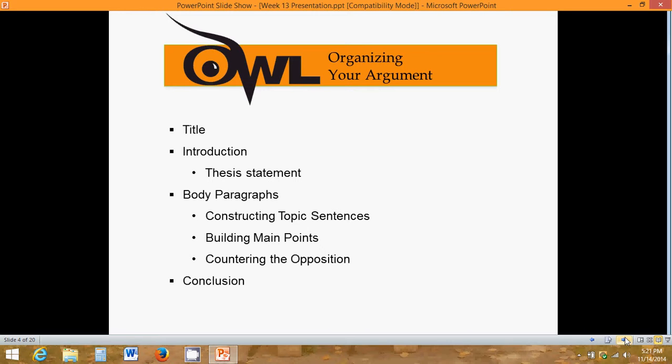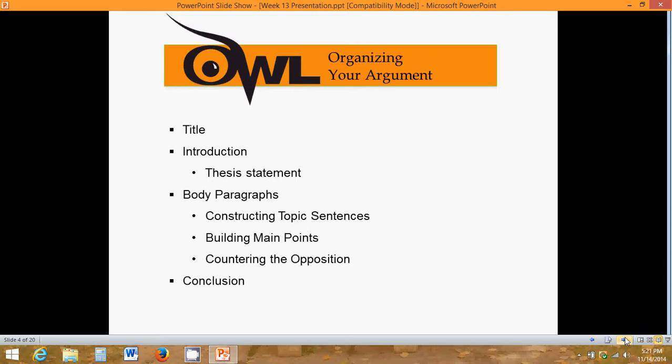And then, of course, we move into an introduction. The introduction is there to grab the reader's attention, to move the reader into your topic, and to clarify your thesis statement. After that, we know it becomes body paragraphs, and so those should have constructed topic sentences. It should build main points, build the points that are made in the thesis statement, and it should also reflect upon countering the opposition.